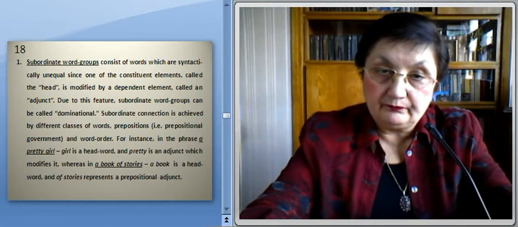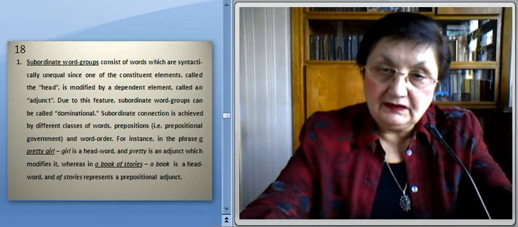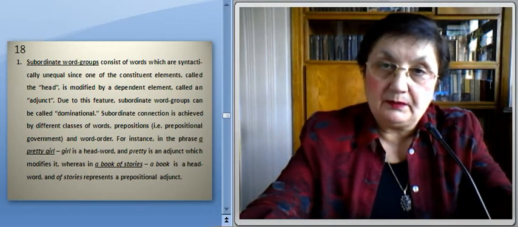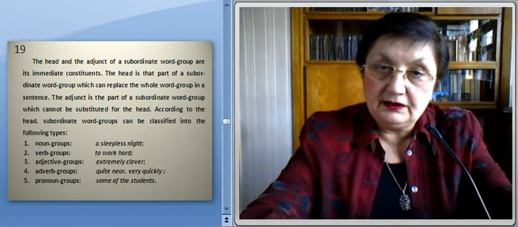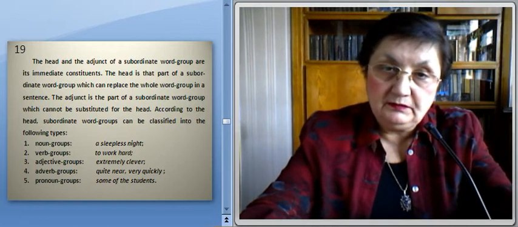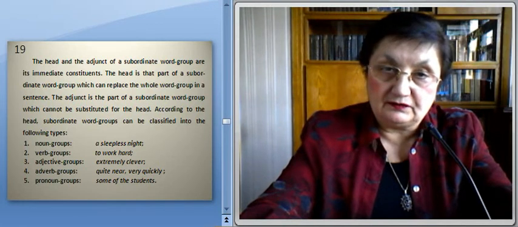The head and the adjunct of a subordinate word group are its immediate constituents. The head is that part of a subordinate word group which can replace the whole word group in a sentence. The adjunct is the part of the subordinate word group which cannot be substituted for the head.